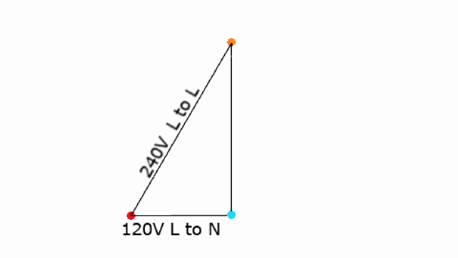You could use the Pythagorean theorem to solve for the unknown side, or you could use sine, cosine, or tangent if you are familiar with trigonometry, or you could just go online and use an online triangle solver. Any way you do it, you should get a result of approximately 207.846, or approximately 208. Again, we can see that the relationships in triangles are exactly the same as the relationships in three-phase power.